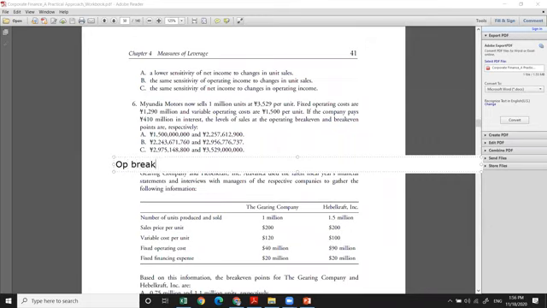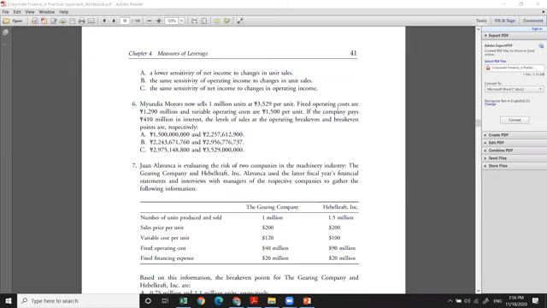Operating break-even units will be equal to, so fixed operating cost is 1,290 million, and variable operating cost per unit is 1,500 million. So what we need to do here is make the division.